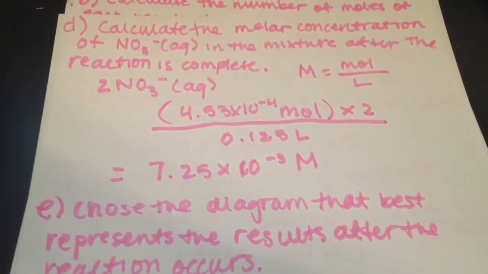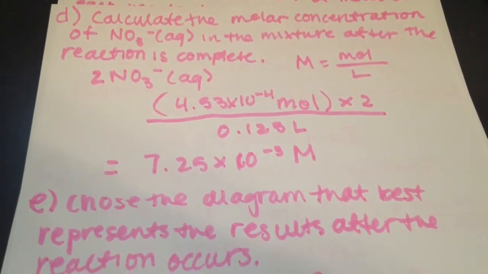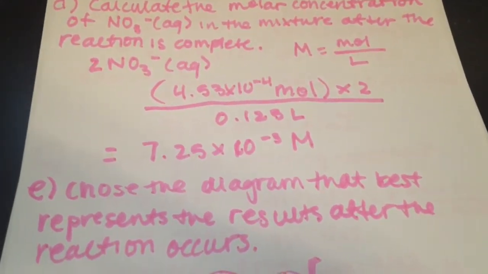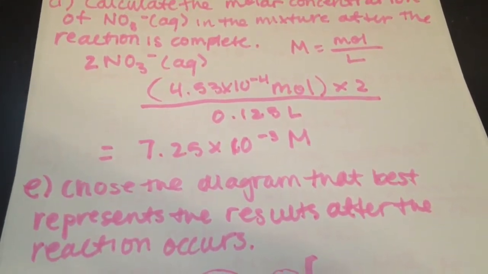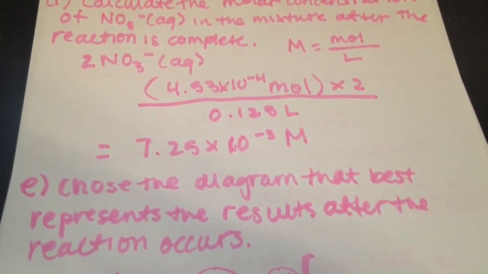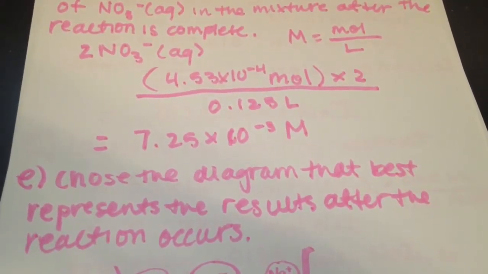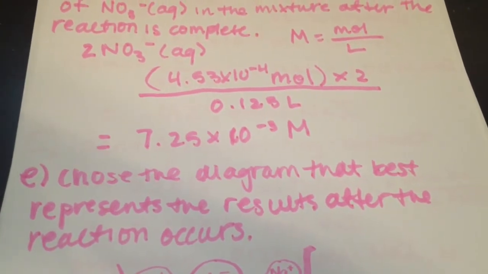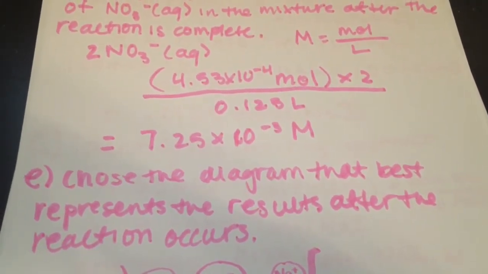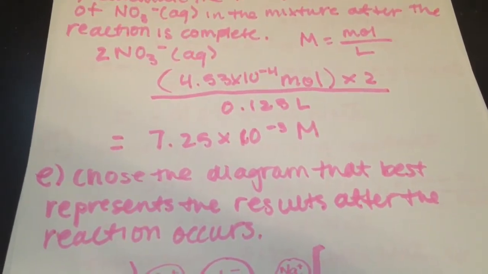So 2 ions of NO3 minus are present after the reaction occurs, and according to the law of conservation of matter, 4.35 times 10 to the negative 4 moles, which is present in the first part of the reaction of Pb(NO3)2, multiply that by 2 because Pb(NO3)2 breaks into 2 NO3 minus ions. And we're going to divide that by the 0.125 liters and get that the molarity is 7.25 times 10 to the negative 3.